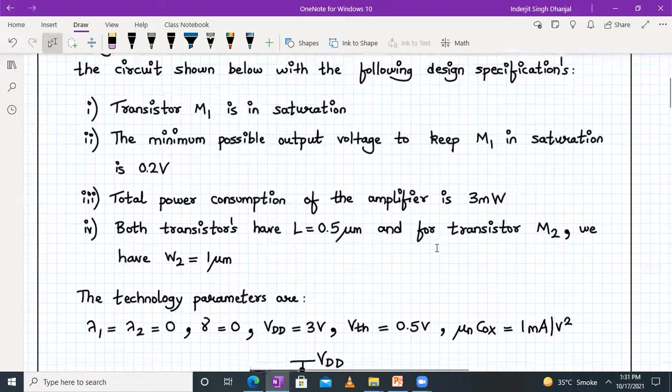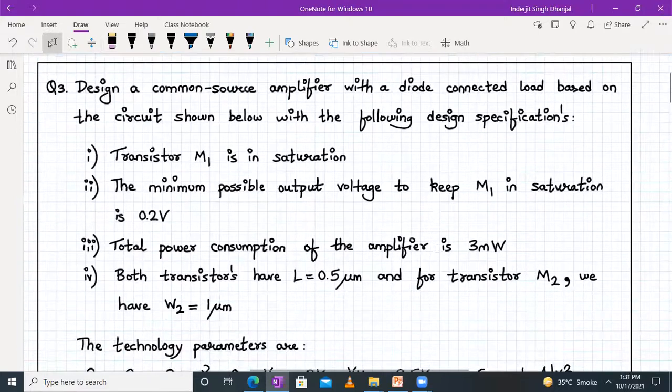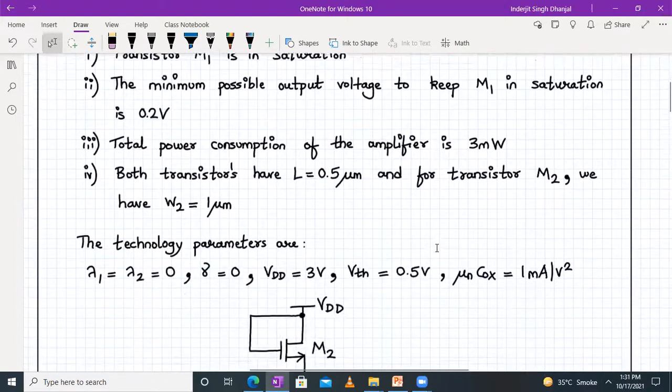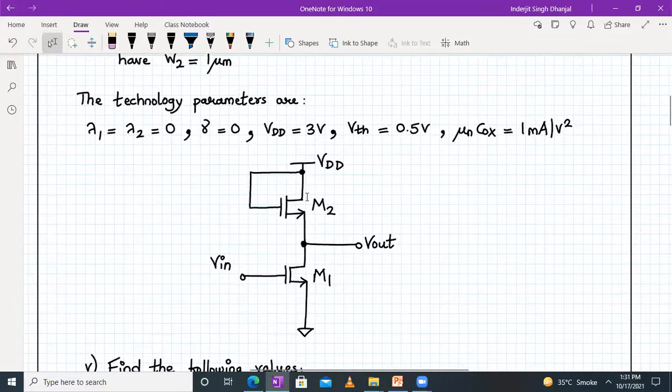Basically, what we need to do is design the common source amplifier, meaning we have to find the aspect ratio of the M2 transistor and the M1 transistor.